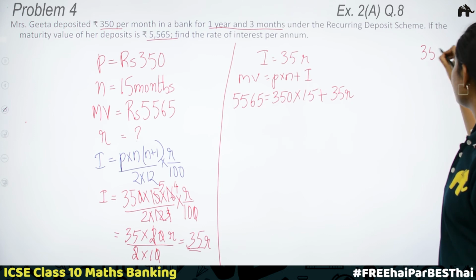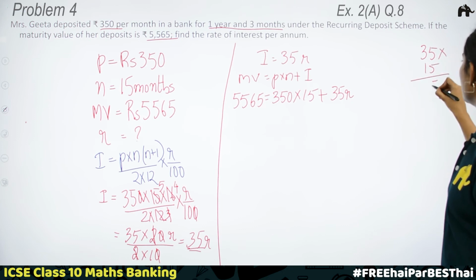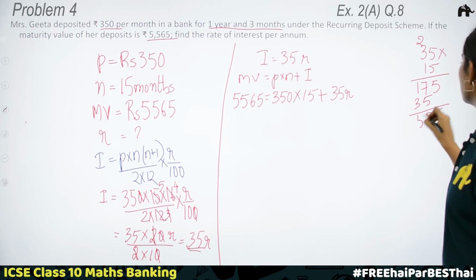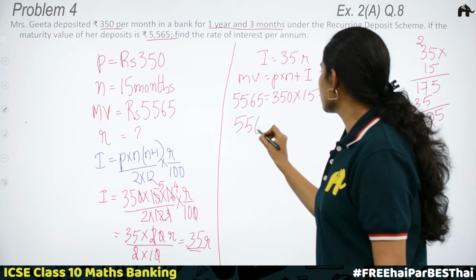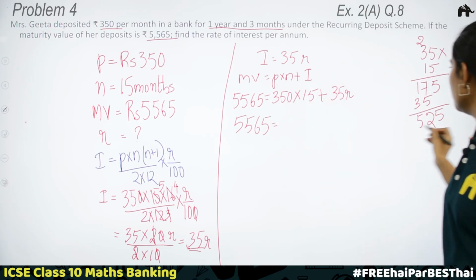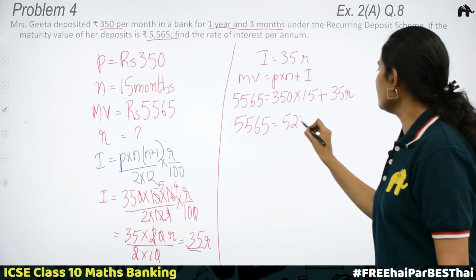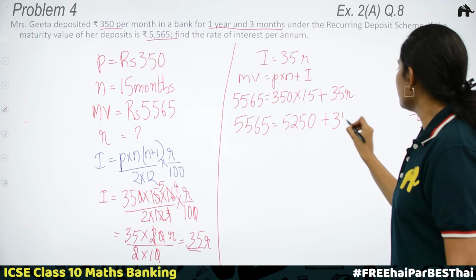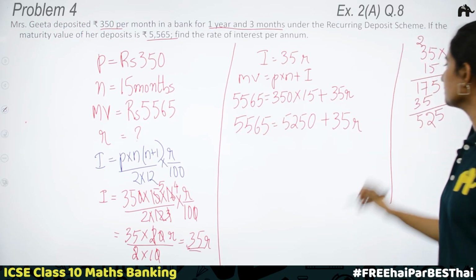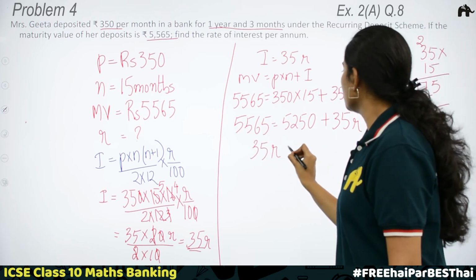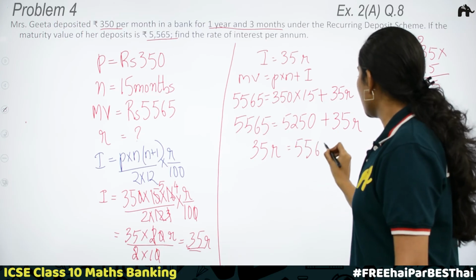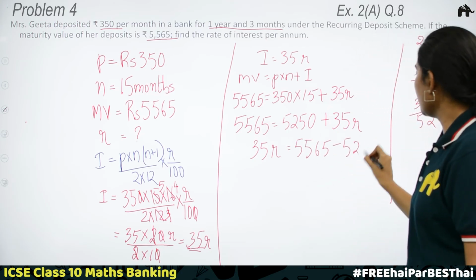Now do the calculation part. 350 into 15, 35 into 15. That is, you will be getting 5,565 is equal to 350 into 15 is 5,250 plus 35 R. We need to find the value of R. 35 R is equal to 5,565 minus 5,250.